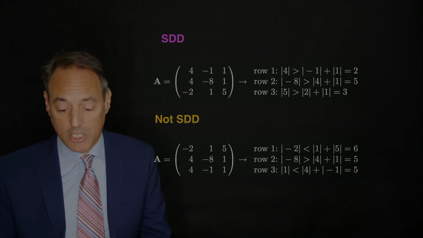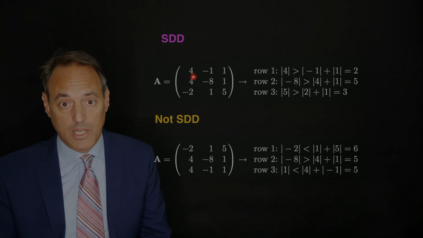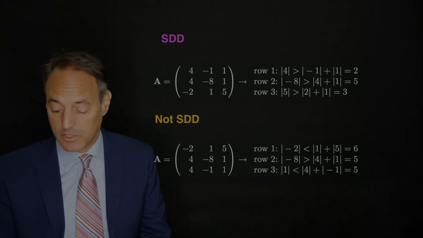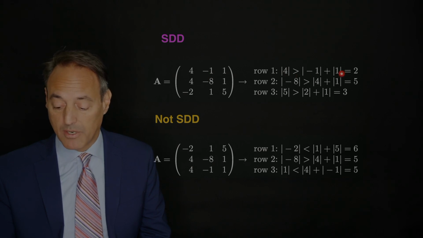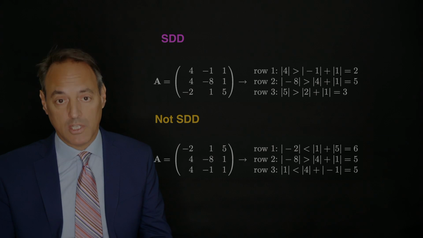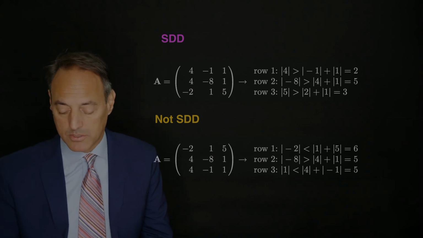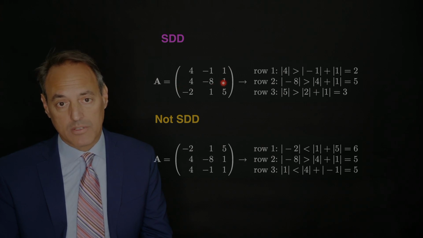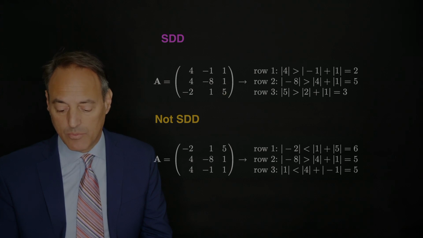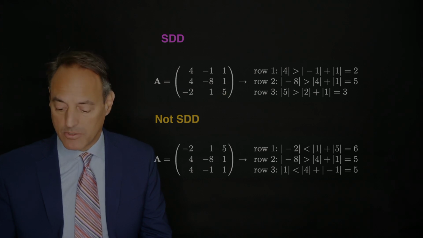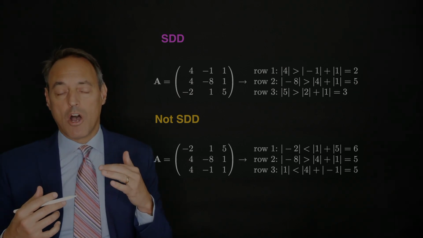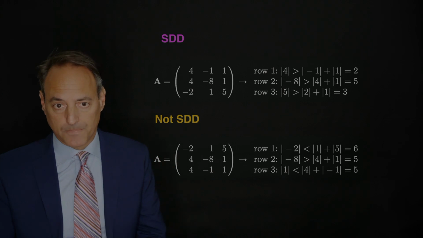So I look at the diagonal term as 4, and 4 is bigger than the absolute value of these two terms, which is 2. So that row works. The next row is 8, right? 8 is the absolute value. It's bigger than 4 plus 1, that's 5. And the next one is 5, which is bigger than 3, which is the sum of the others. So these calculations are done here. So this matrix is strictly diagonal dominant, and that's why it worked. Okay?